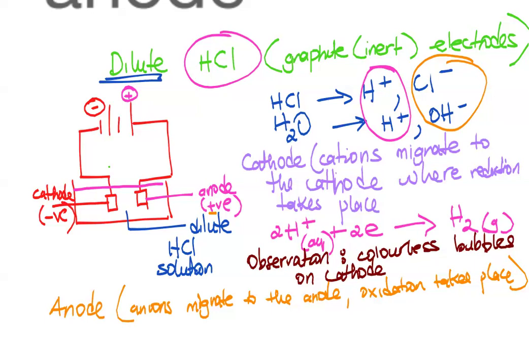Look at your series. Look at the series for the anions. Hydroxide is less stable. Hydroxide is lower down in the series. It is less stable, and also it is higher in concentration. So yes, we will get hydroxide here. So this is what happens at the anode. You have to learn this equation.